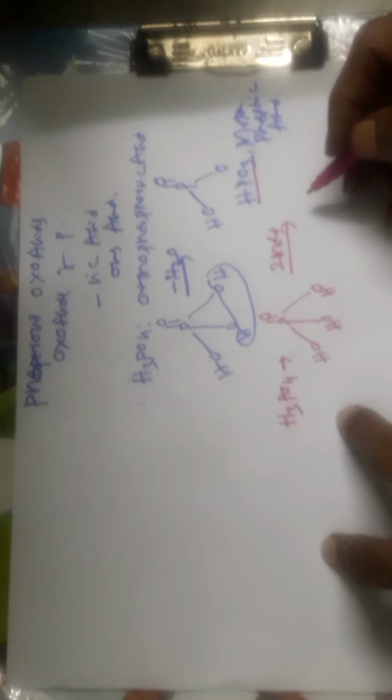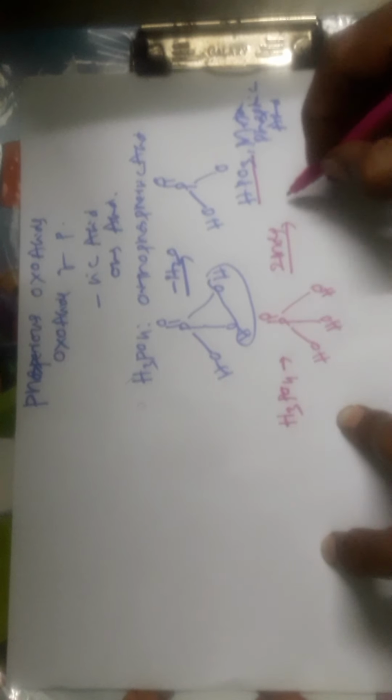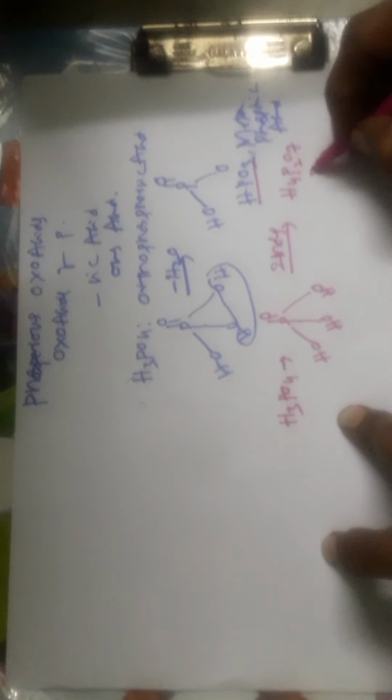We will get pyrophosphoric acid. If you take 2 moles of orthophosphoric acid, we will get H4P2O7. This is nothing but pyrophosphoric acid, the most important challenging bit.